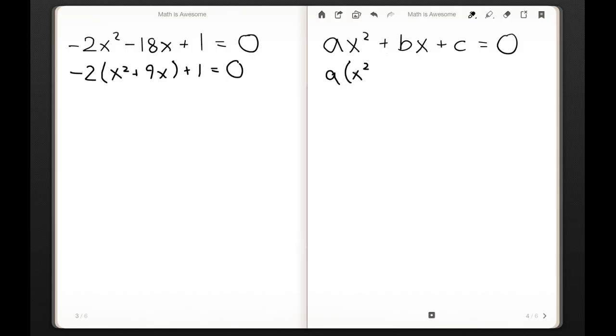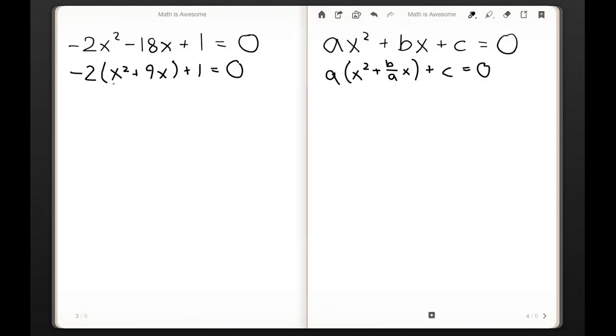Well, factoring out just means dividing by that number. So we're going to divide bx by a, and it will become b over a times x. It could also be bx over a. All we did was divide bx by a. The x would be the same as if it were in the numerator here. I'm just going to write it like that to make it a little more clear for this problem.